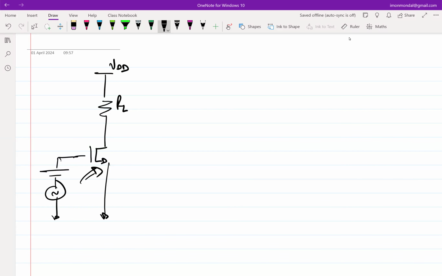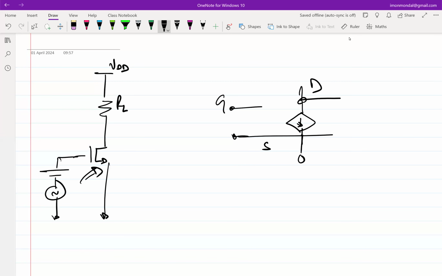An ideal transistor should have been like this, right? So this is GM times VGS in the incremental domain.